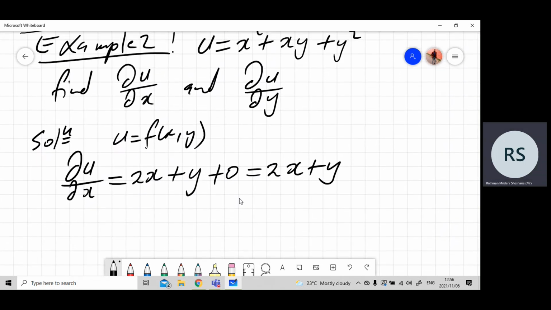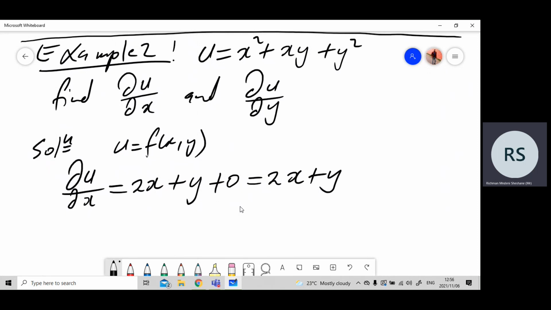Now let's find the partial derivative of u with respect to y. So now we're going to derive this function with respect to y. So the first term is going to be 0 because x is a constant and we treat x as a constant. So the derivative of the first term is 0.